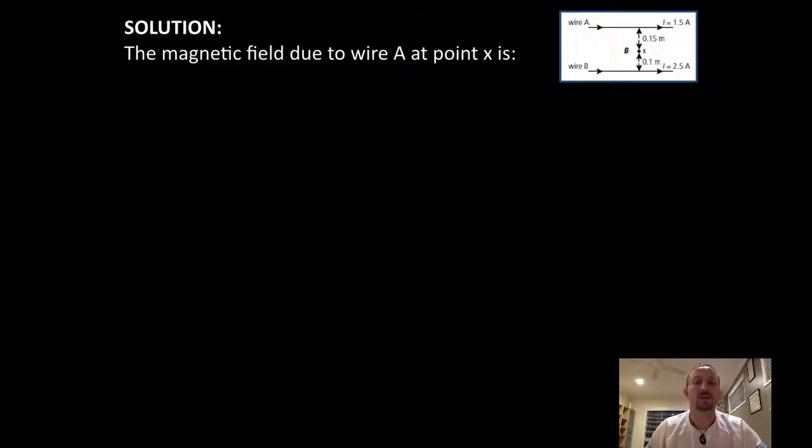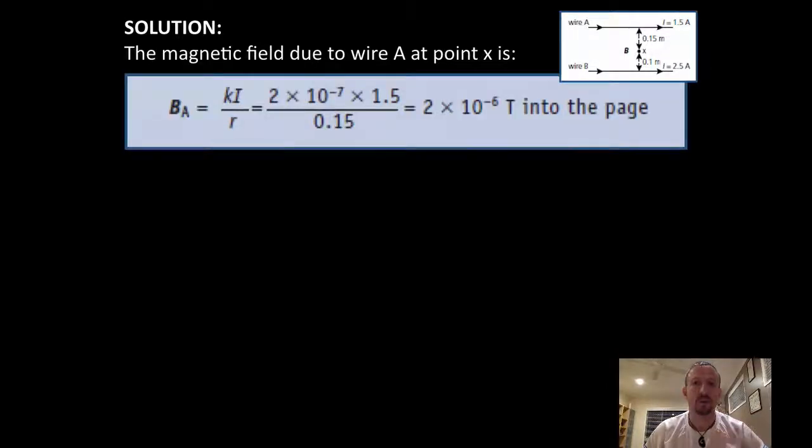What we're going to do first is work out the magnetic field strength at point X for wire A. Remember, we know our current, which is 1.5. We know our magnetic constant, which is 2 times 10 to the negative 7. And we know our radius because point X is 0.15 meters from wire A. So we can put that into the equation, and the result is 3 times 10 to the negative 6 Tesla, going into the page.